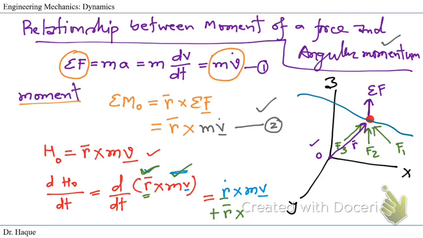m is constant, and the derivative of v, which we represented by a dot. So here what r dot means is dr over dt, and v dot means dv over dt, while v and r are vectors.